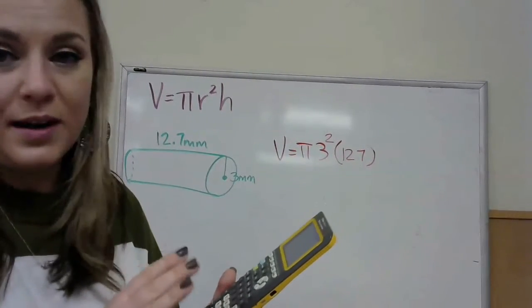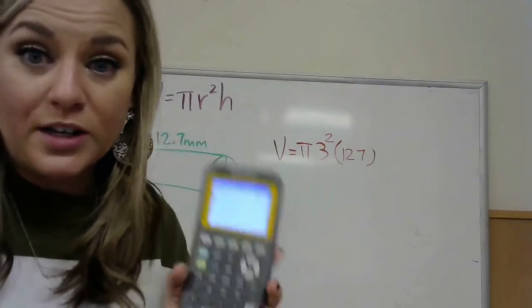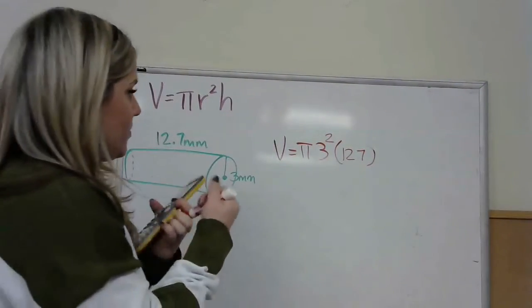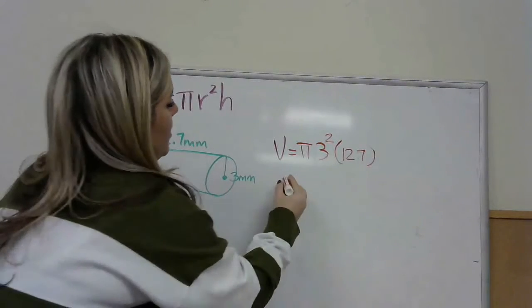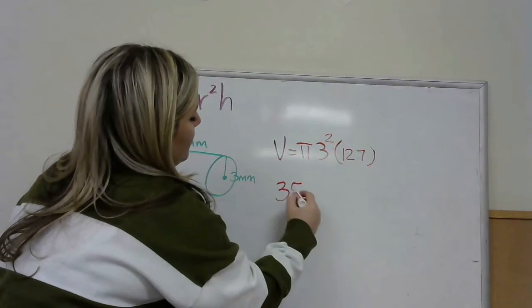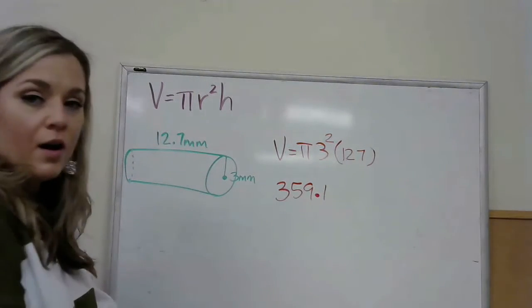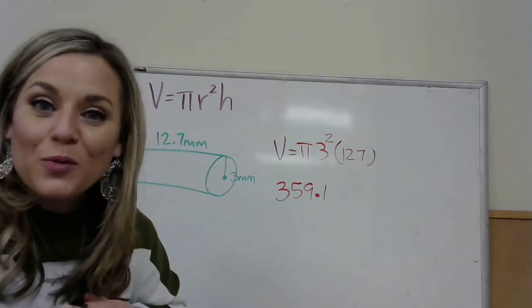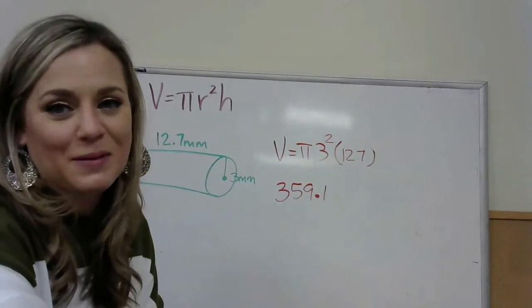I don't even have to put a times in there. I got 359.1. Did you get that? 359 and 1/10. All right, so that should be simple. We'll do one more, and then you can start your assignment.